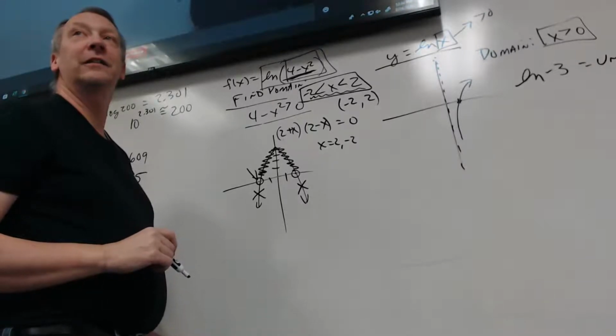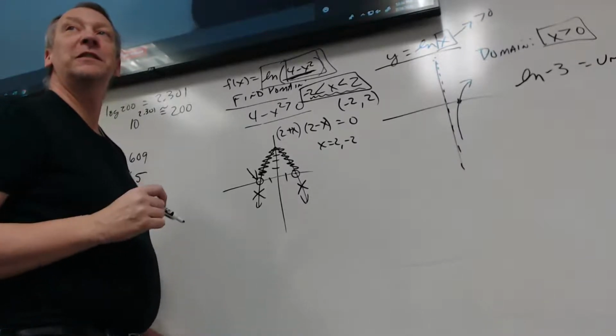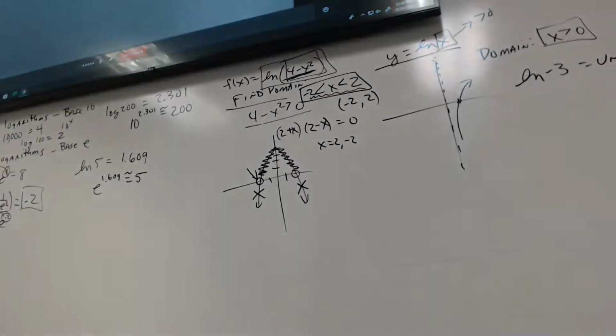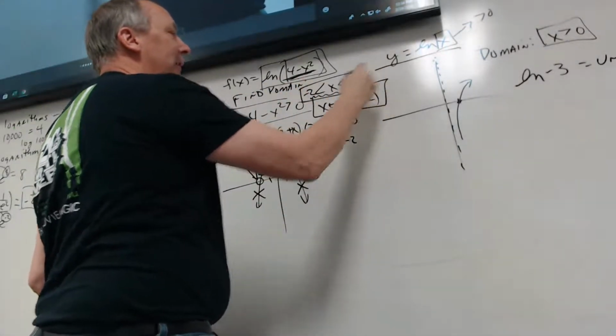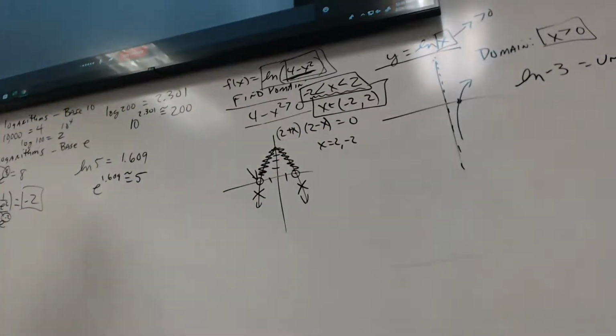You've only gotten half credit. What are you forgetting? X is an element of, right? X is an element of, okay? You'll never forget that again, Eunice. Okay? All right, does that make sense?